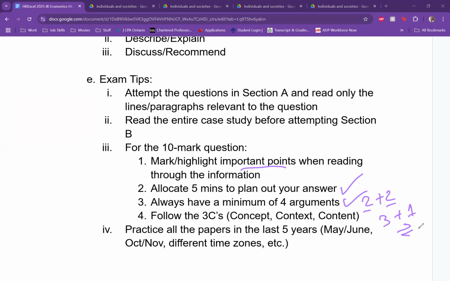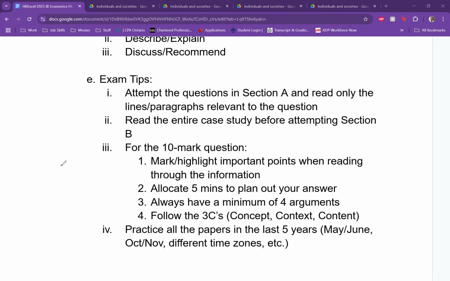But remember that there will always be at least 1 advantage and at least 1 disadvantage. If you don't do that, the IB will consider that your answer is not properly balanced, that you're not considering all aspects of the case study, all aspects of the concepts, and so you won't get the best possible marks.